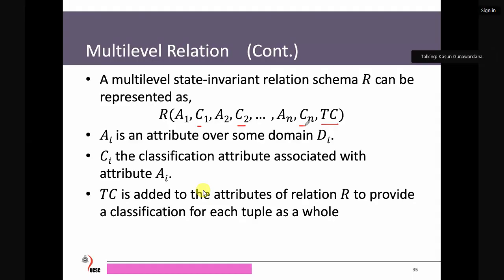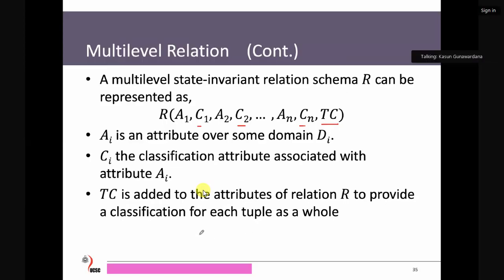Whether it is top secret, confidential, secret, or unclassified, likewise. So this C is about the classification. For each attribute value, there will be an associated classification level, right?